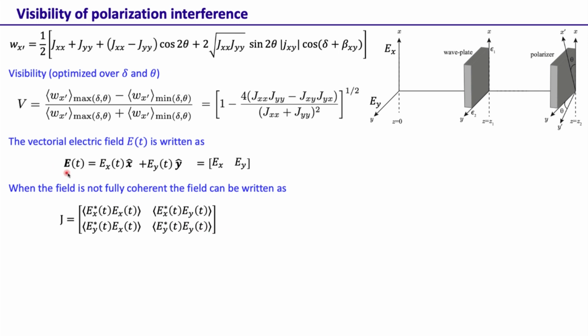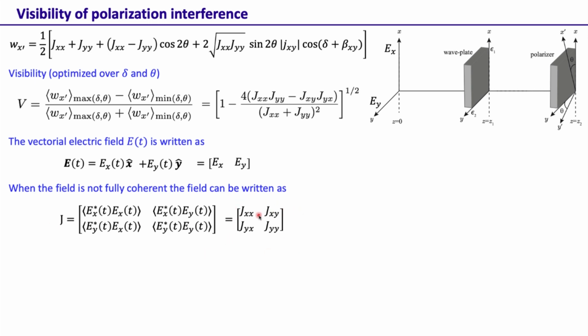If it is fully coherent, then the field can just be written as a row vector. Now the terms within the matrix we can write as Jxx, which is Ex star Ex, Jxy, which is Ex star Ey, and so on. So that's the representation of the field in the polarization basis, for a field that is not fully coherent.